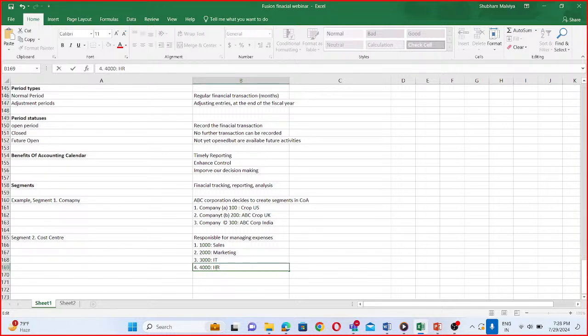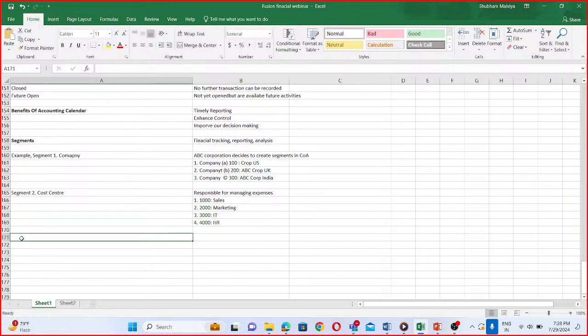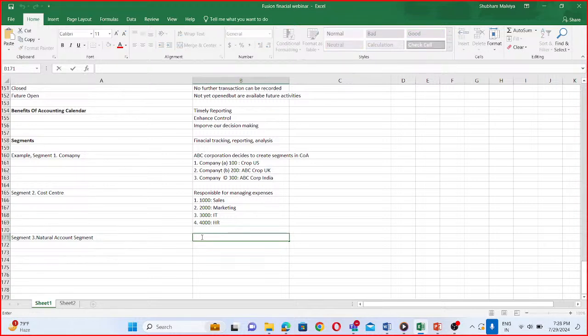Then the third segment comes. The third segment could be the natural account segment. The natural account segment specifies the types of accounts.